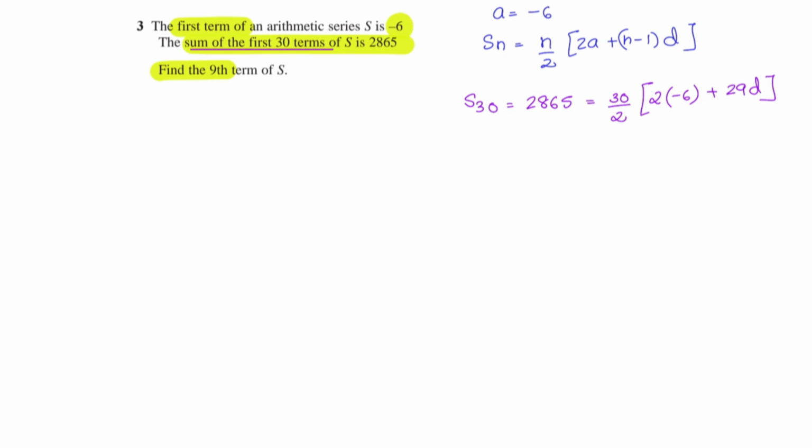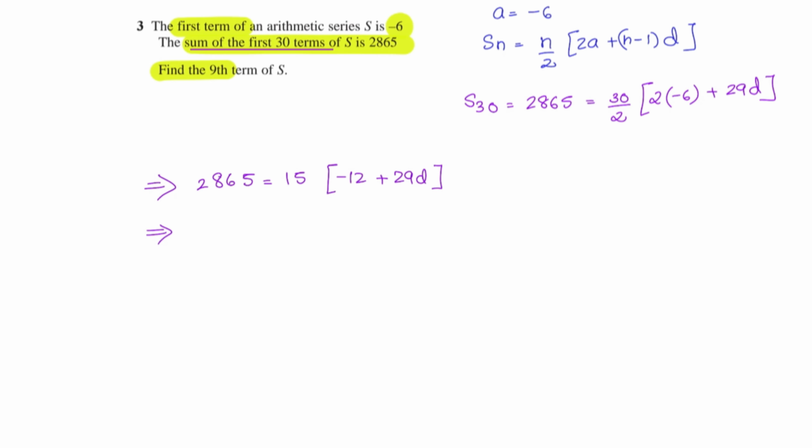Now on solving this, I will get the value for D. 2865, when 30 divided by 2, that is 15, into minus 12 plus 29D.